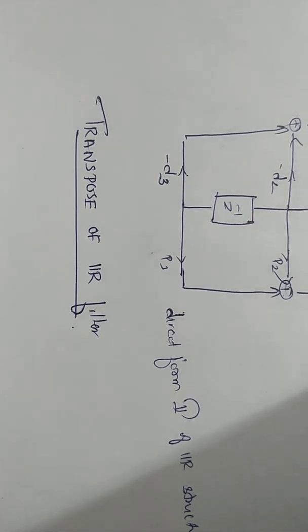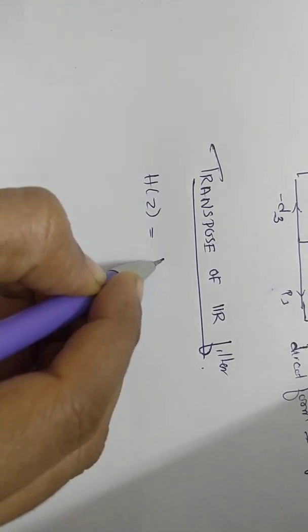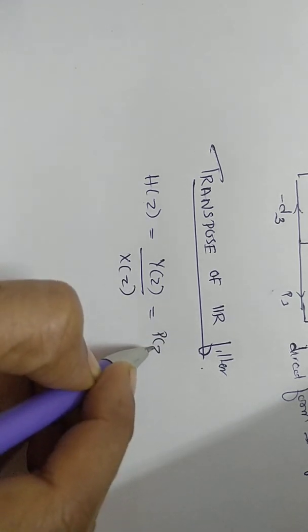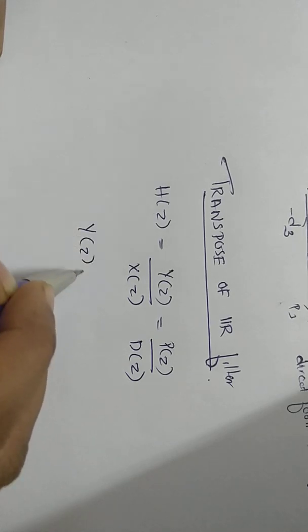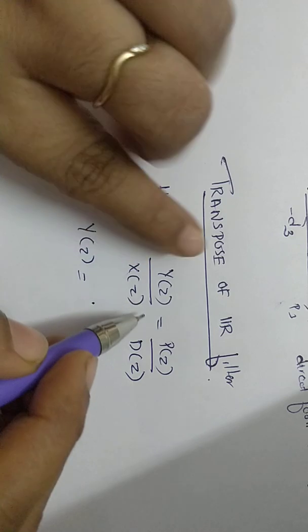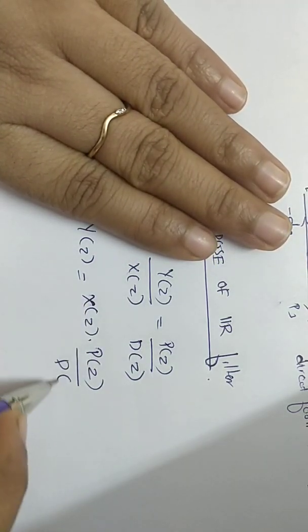We are considering the earlier transfer function, that is H of z is equal to Y of z by X of z, which is equal to P of z by D of z. Then Y of z is equal to, cross multiplying, X of z into P of z by D of z.